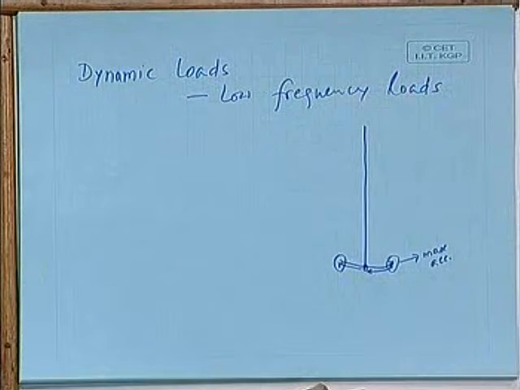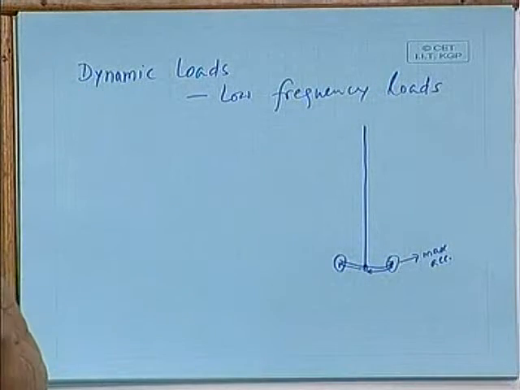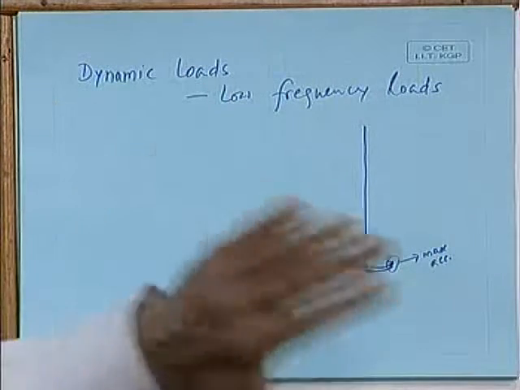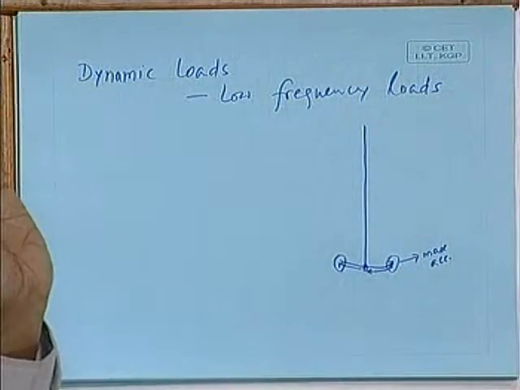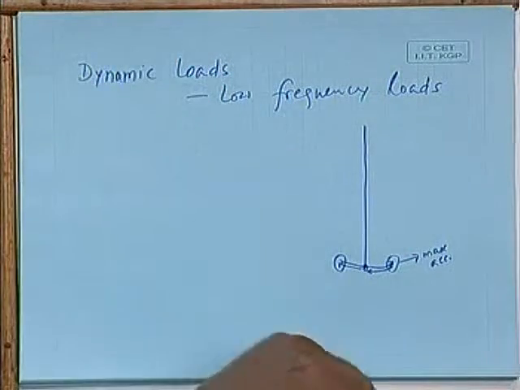So, when the ship is rolling, the acceleration becomes maximum at the end, and that acceleration is changing as the ship rolls. It's maximum at one end, comes to 0, maximum at the other end, comes to 0. So, it's continuously changing, and that creates inertial forces, mass into acceleration, very simple. So, this also is a changing force.